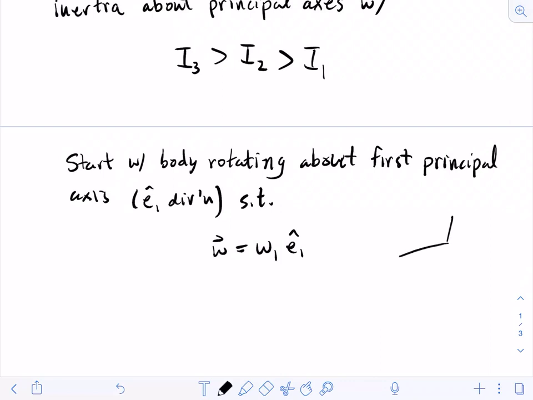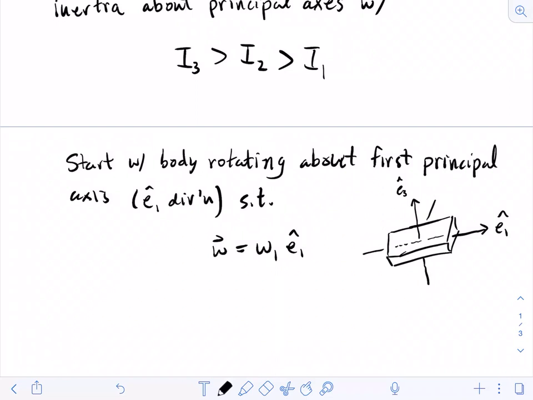Okay, so if we had our phone, for example, the three principal axes of our phone are, here's one of them, and that's the E3 hat direction. That's the largest rotational inertia. And then there is an axis along the long axis of the phone. And so this is the E1 hat direction, and that's the one that has the smallest rotational inertia.